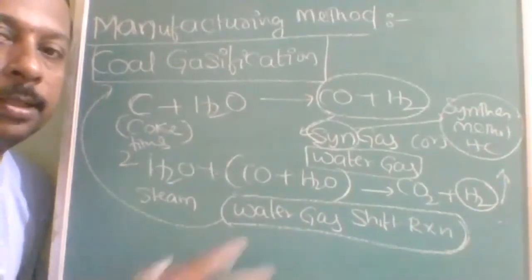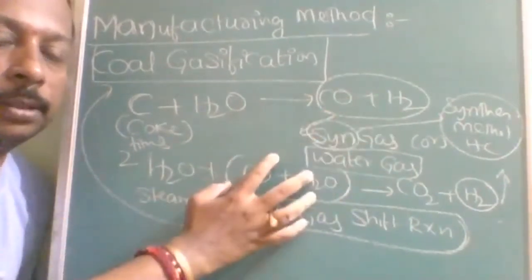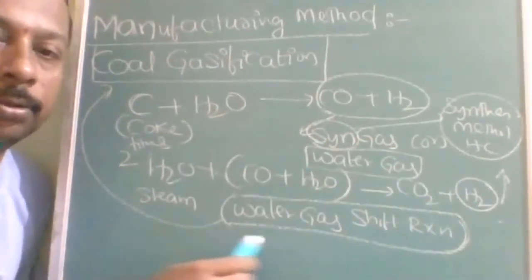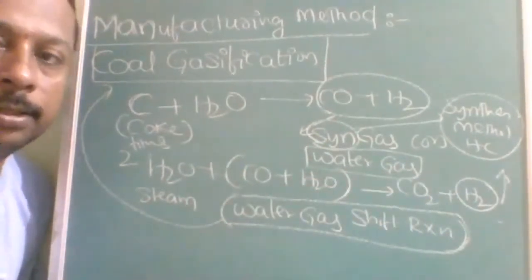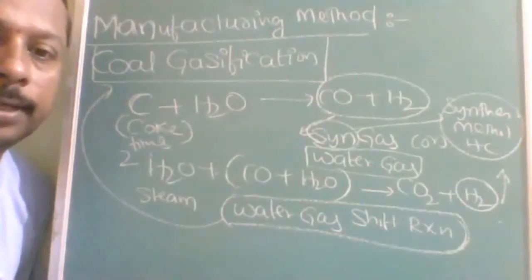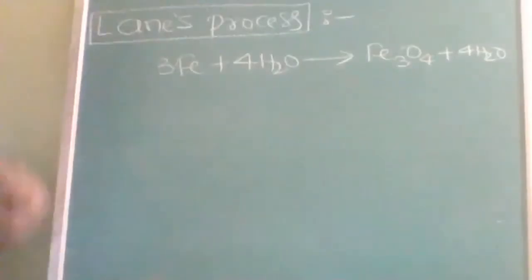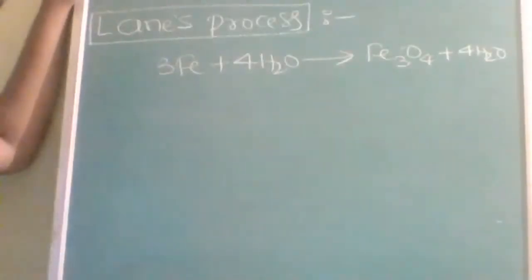I have not balanced it. So water is shifting this carbon monoxide in the water gas into hydrogen. That's why this is called the water gas shift reaction. Note this down.